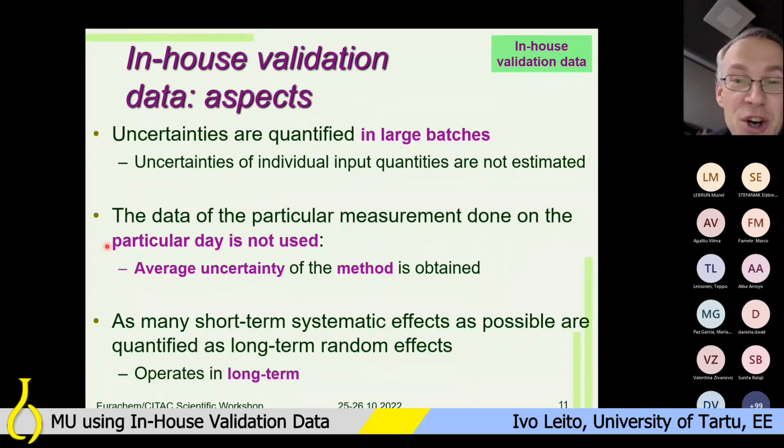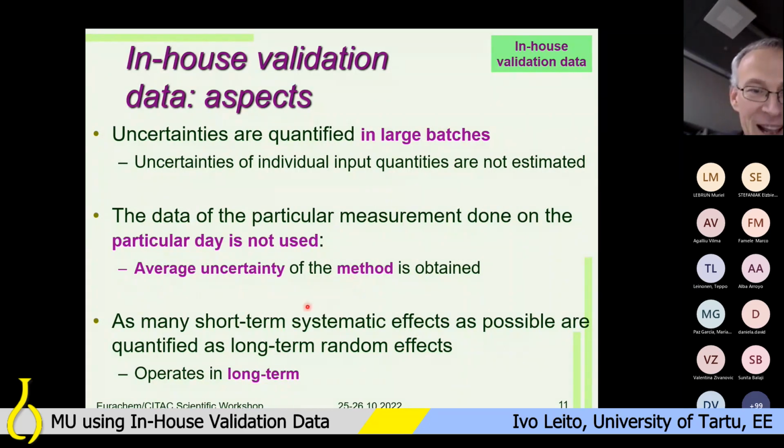Meaning, the uncertainty that you get is not directly the uncertainty of your result that you obtained today, but rather an average uncertainty of your method. And this average uncertainty, you simply apply to your result of that particular day.